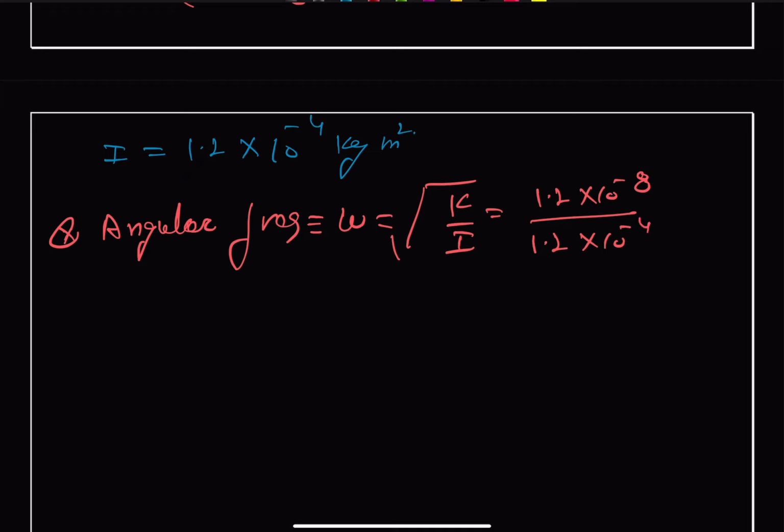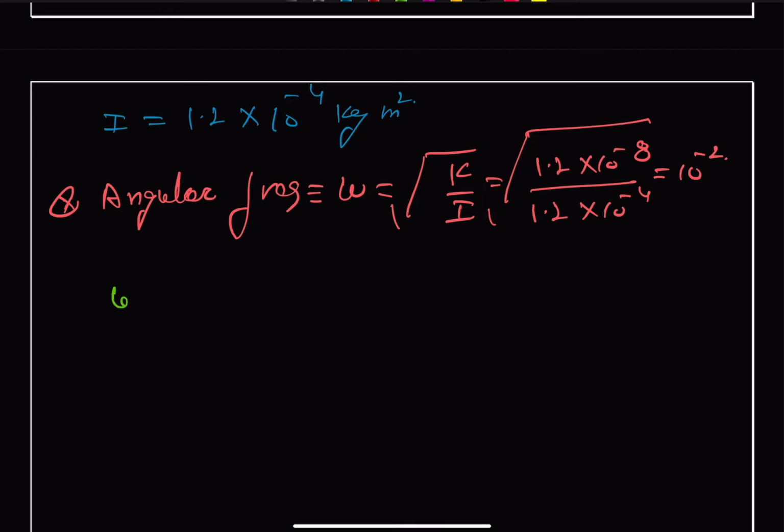Minus 4 and its square root, and this comes as 10 to the power minus 2, and we are given that our frequency omega is equal to n into 10 to the power minus 3, which will be equal to 10 to the power minus 2, and it can be written as 10 into 10 to the power minus 3. Therefore value of n is equal to 10.